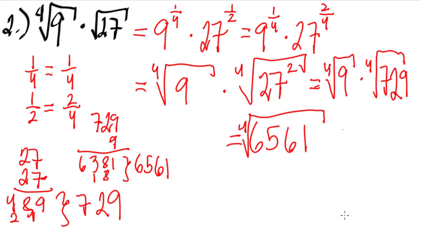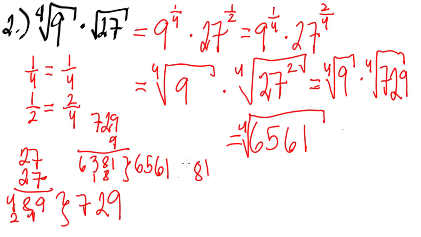Maybe you can think for a moment if you can see any number which has a fourth root of 6561. Can you find anything? Just the fourth root of 6561. Let's try this. I'm just going to give you a hint already. We have 9 squared is 81.